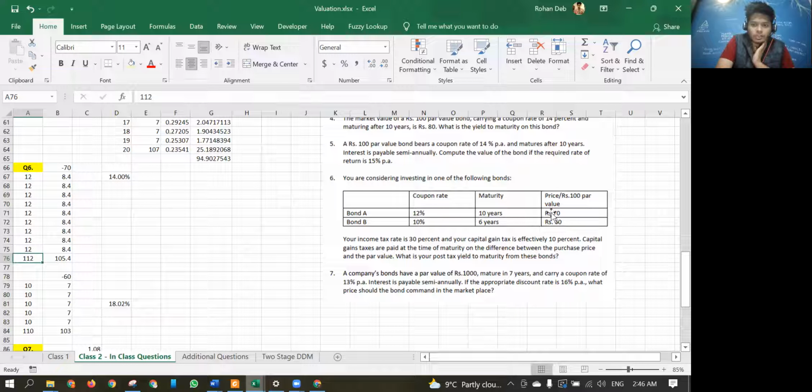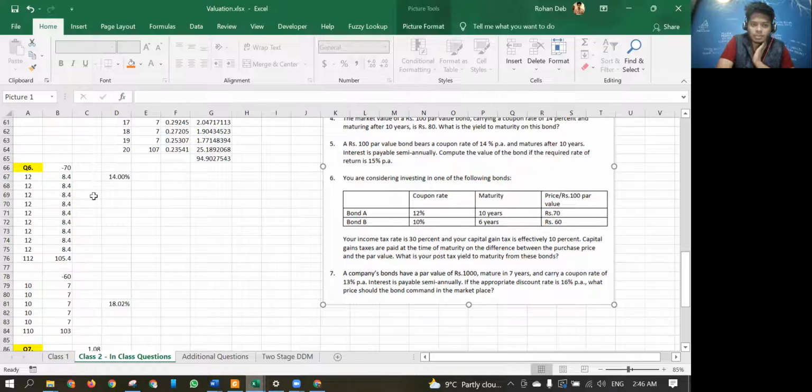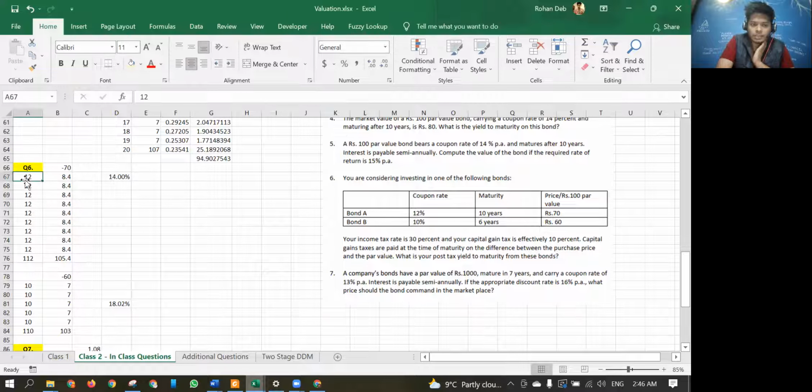You bought this at 70 rupees here. And what I've essentially done is I've reduced the taxation element. Your income tax is 30%, so whatever you earn as income, you multiply that by 1 minus 30, which is 70%, and you'll get 8.4.